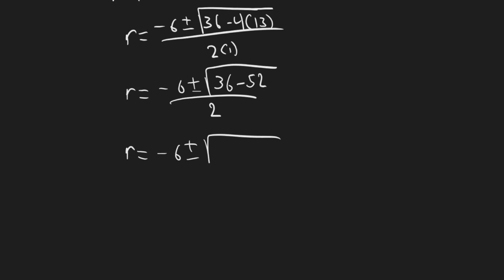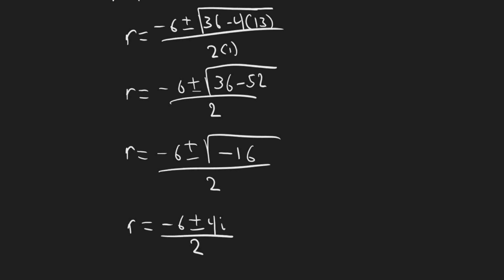That's just going to be negative 16, and then still over 2. Okay, so r then equals negative 6 plus or minus the square root of negative 16. Well, that's just going to be the square root of 16 multiplied by i, so that's just going to be 4i, and then that's over 2.